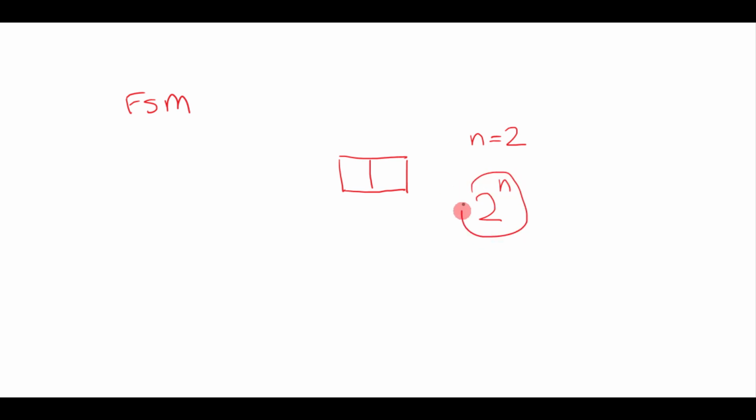Because this 2 raised to power n is finite, your synchronous sequential machines are also known as finite state machines. Finite state machines are mainly of 2 types. One is Mealy and the other one is Moore.